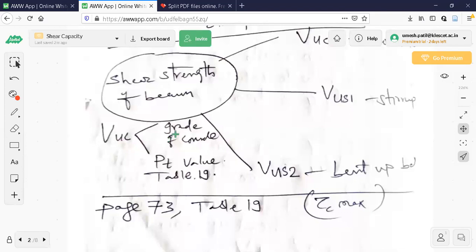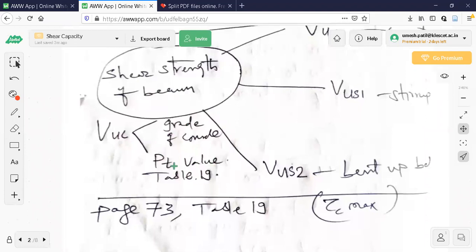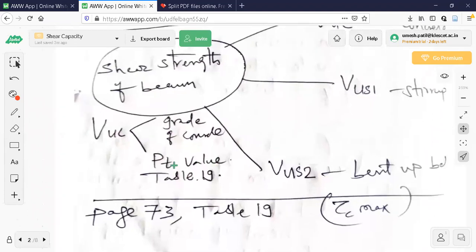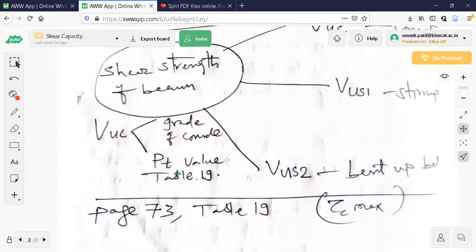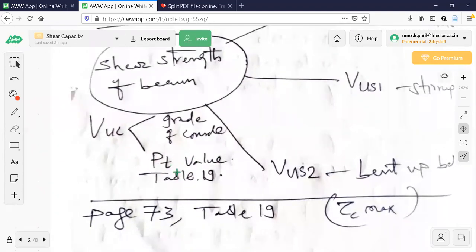Usually this grade is M20. PT has to be calculated from the problem, and the intermediate values you can get by interpolation only. You cannot go to the next higher or lower value. You have to interpolate the values which are not there in the table.